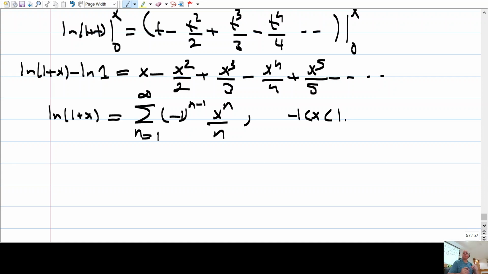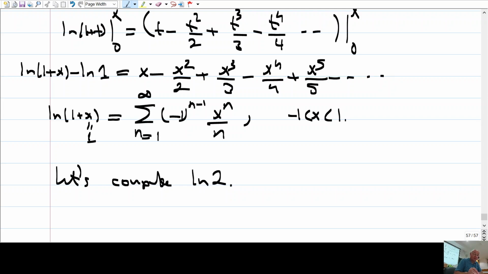Now let's see how we can make use of Abel's theorem. Suppose that we want to compute ln 2 as an infinite sum. So let's compute ln 2. Okay. Well, I can plug 1 here. I will get ln 2.